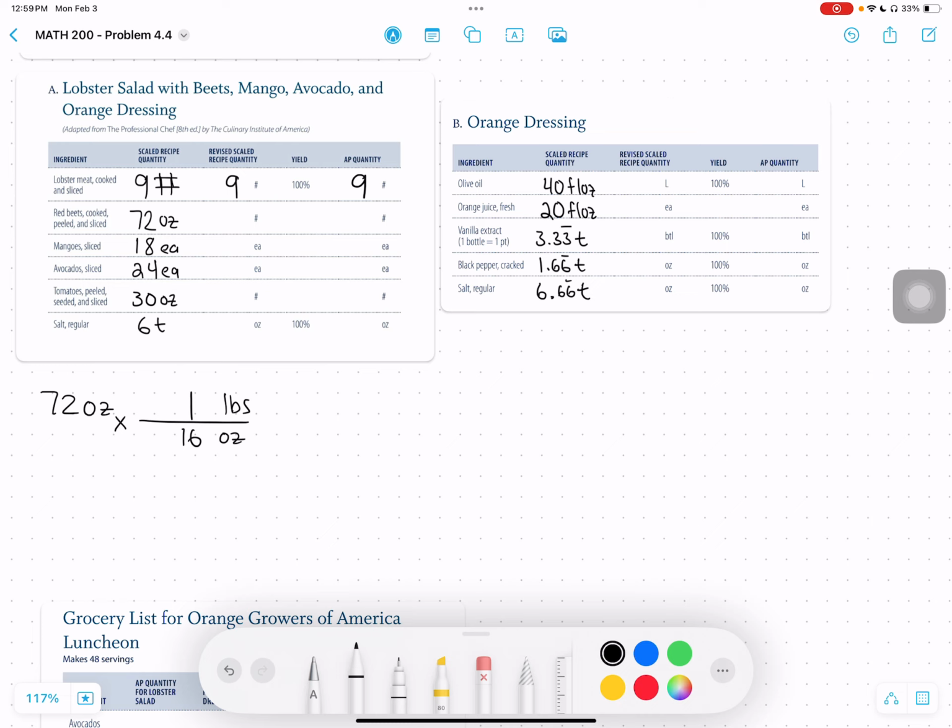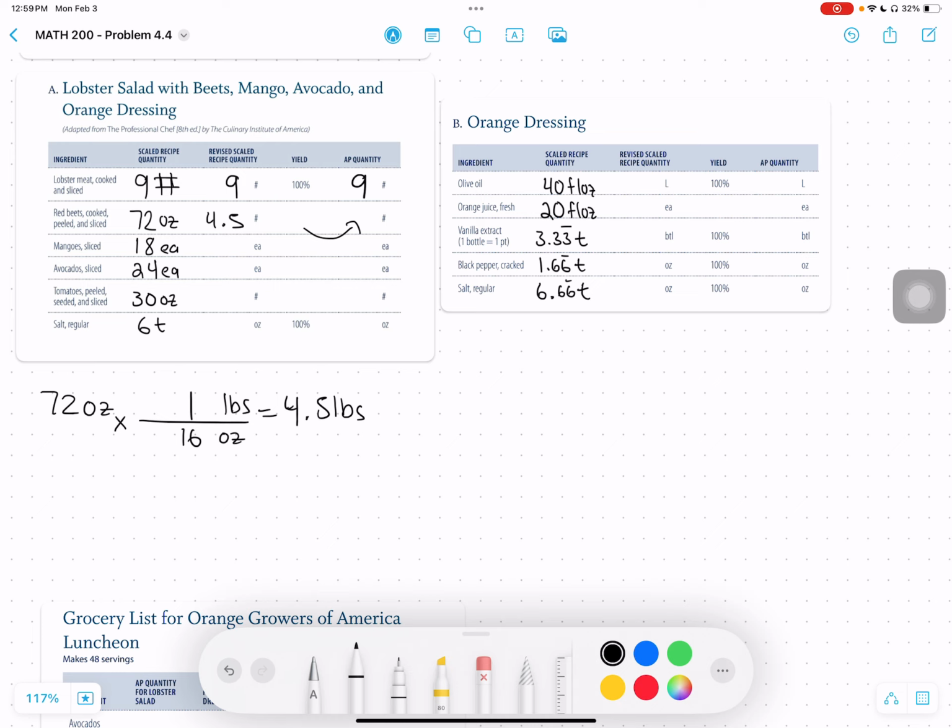So 72 divided by 16 is a total of 4.5 pounds. Then you have to look up the number in the book of yields for red beets, and convert that into an AP quantity.